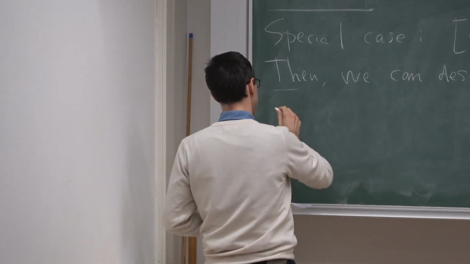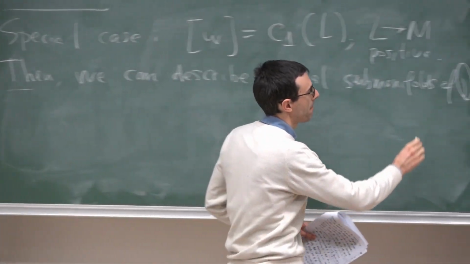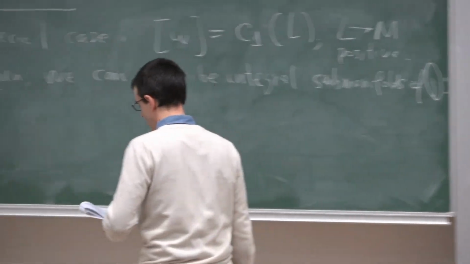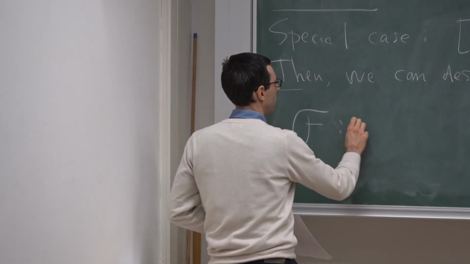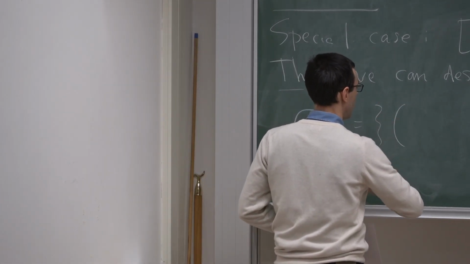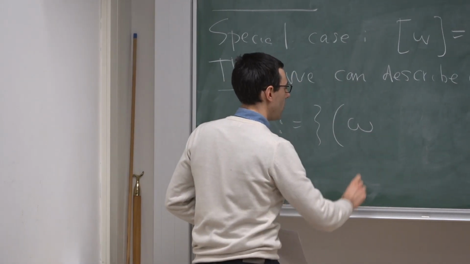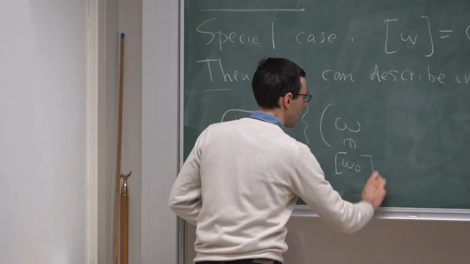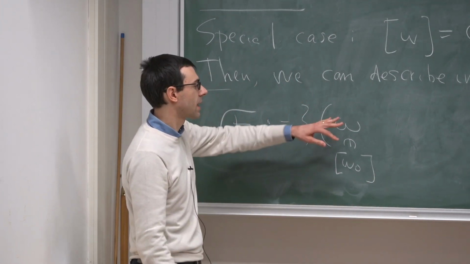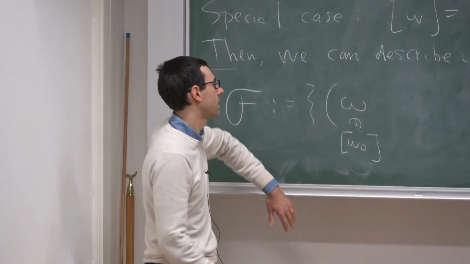So how does it work? I want to start with the space, say F, which is given by pairs of some omega, which is a Kähler form lying in the Kähler class of omega naught, so some other Kähler representative of the same Kähler class.